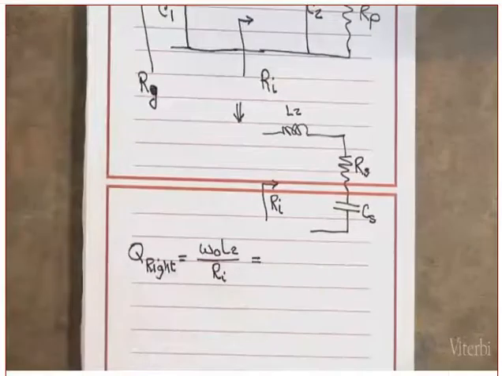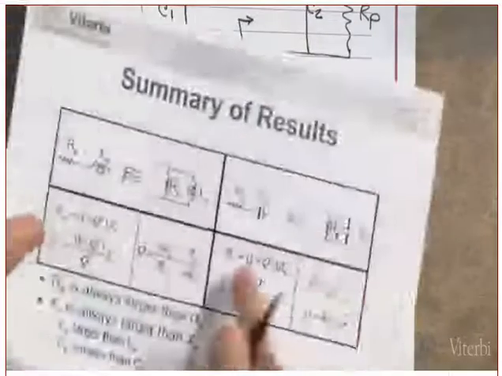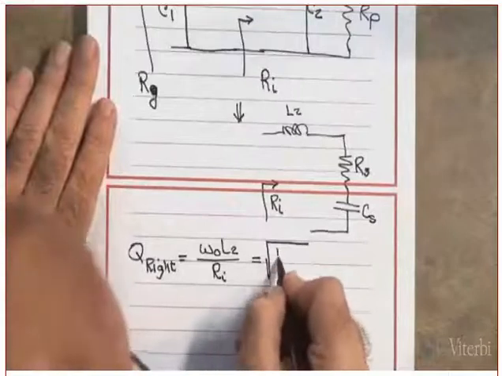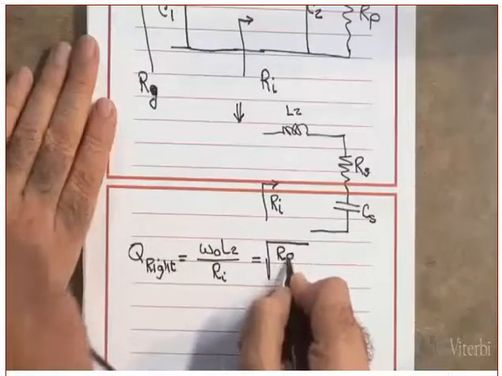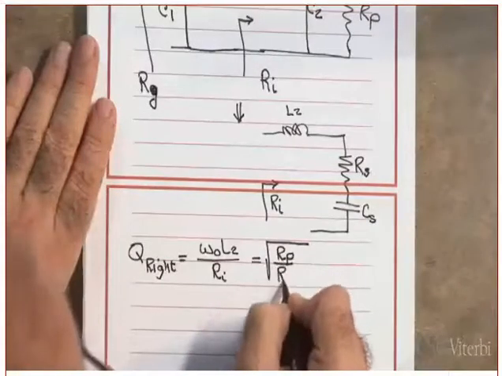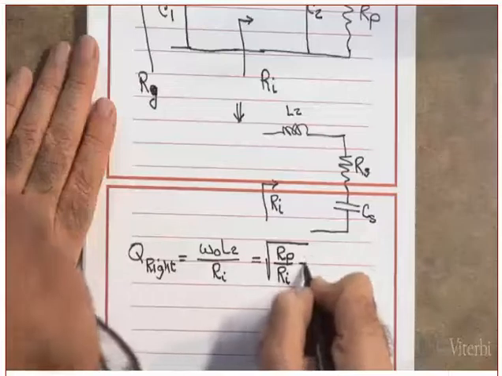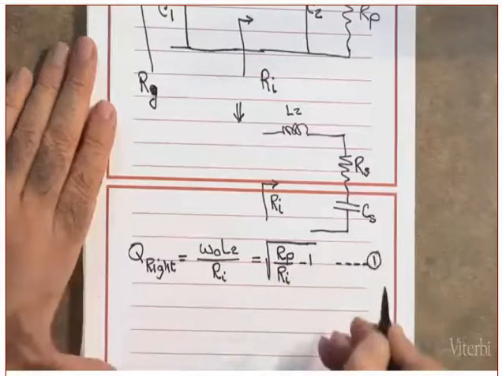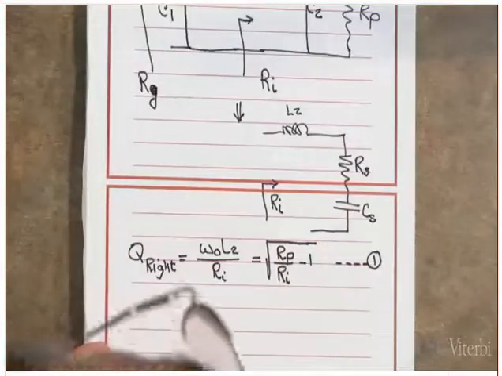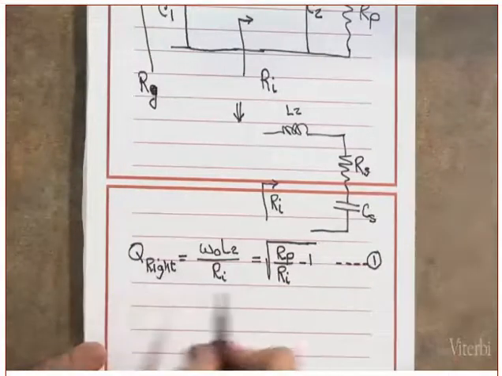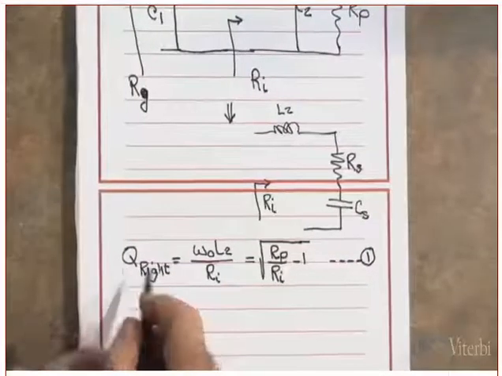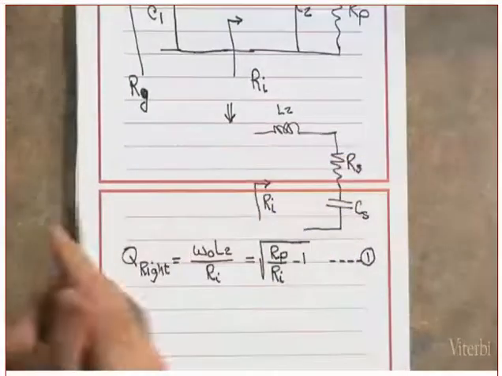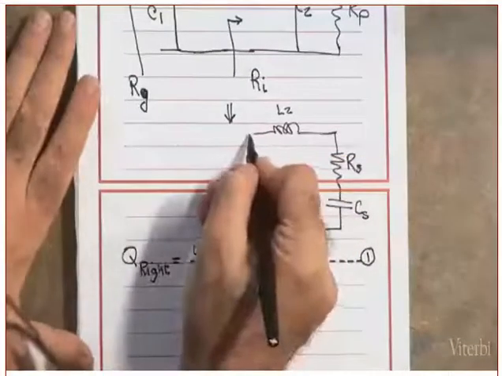From this equation, the square root of Rp over Rn minus 1. Did you lose me? This is not the Q of the overall circuit. This is the Q of only this side. Clear? Okay. Now, add the other side. What do I have?